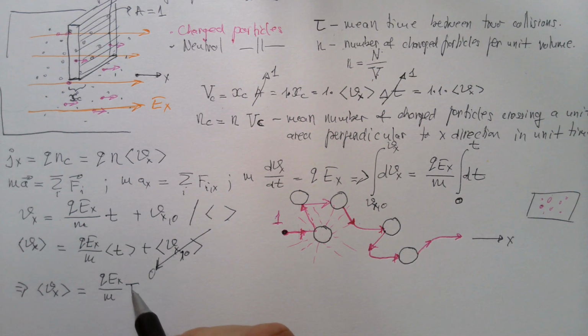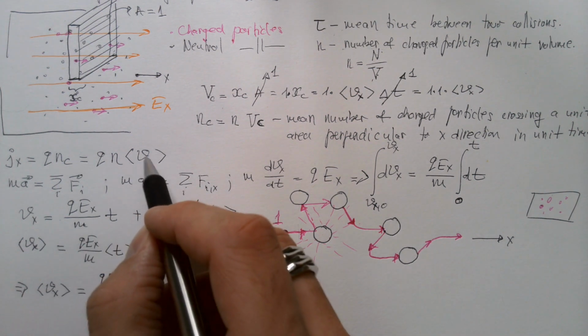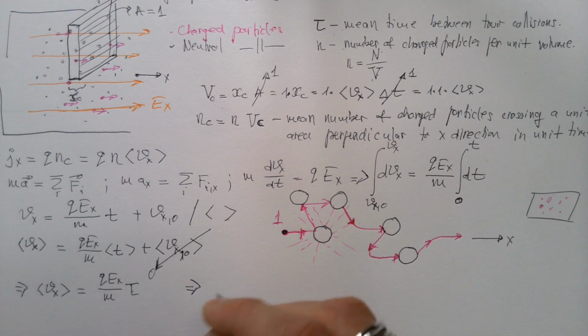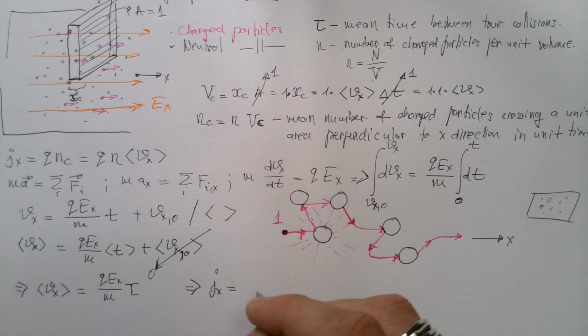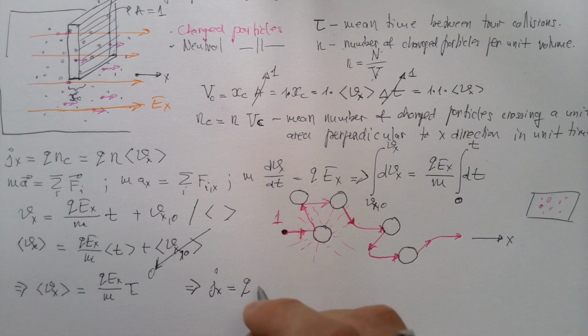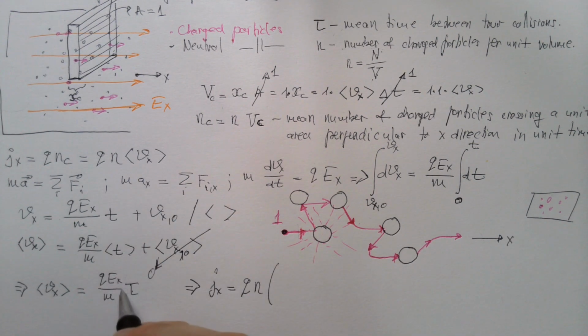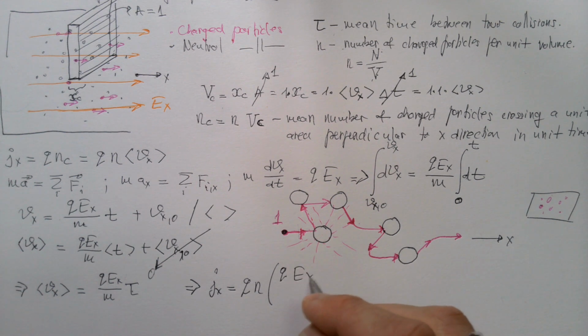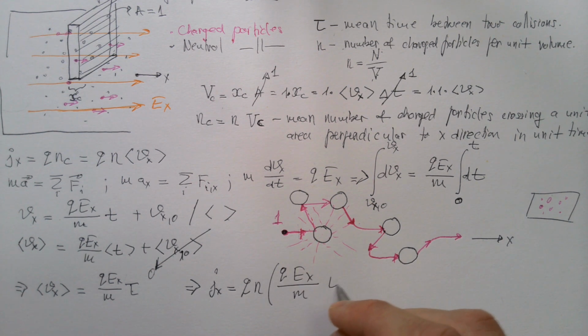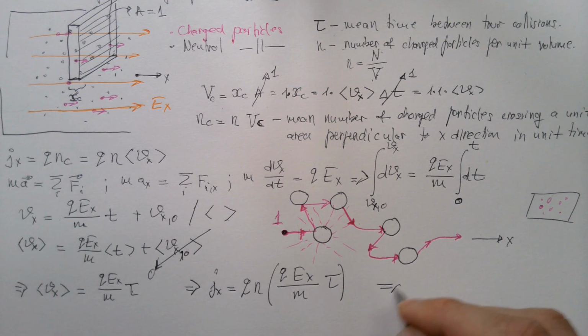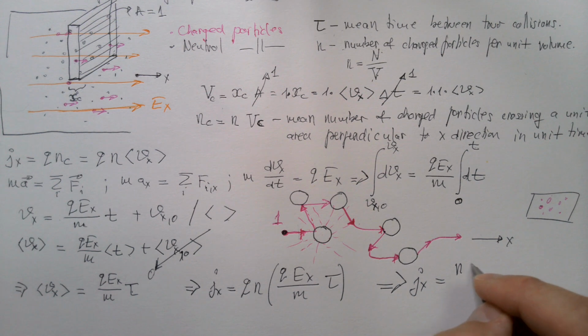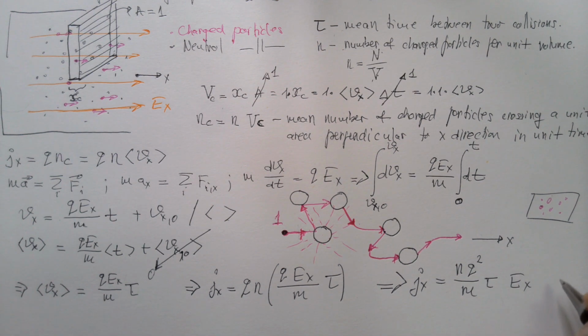Okay, going back now to this equation, if I substitute Vx in this equation over here, I will get that Jx is equal to q times n Vx, but Vx is q Ex divided by m times tau, so it follows that Jx is equal to nq squared divided by m times tau times Ex.